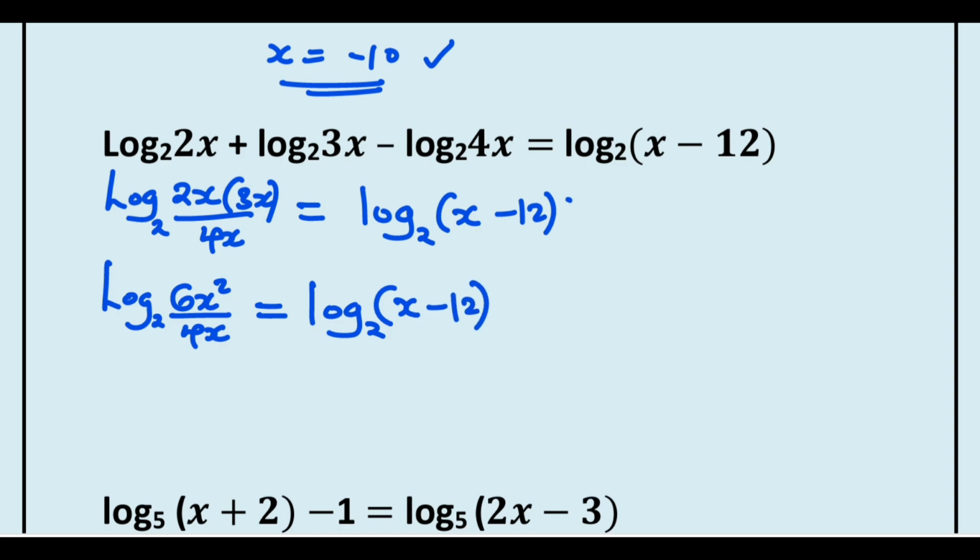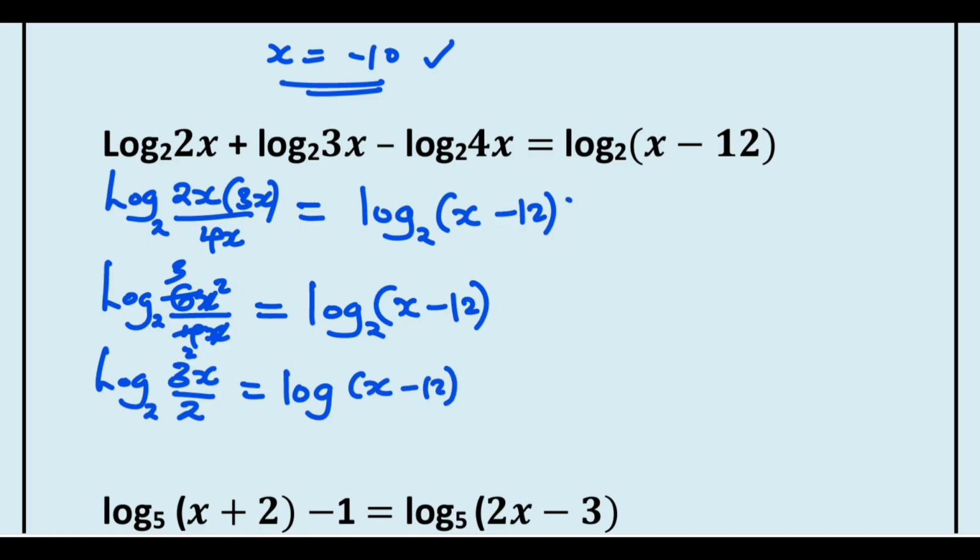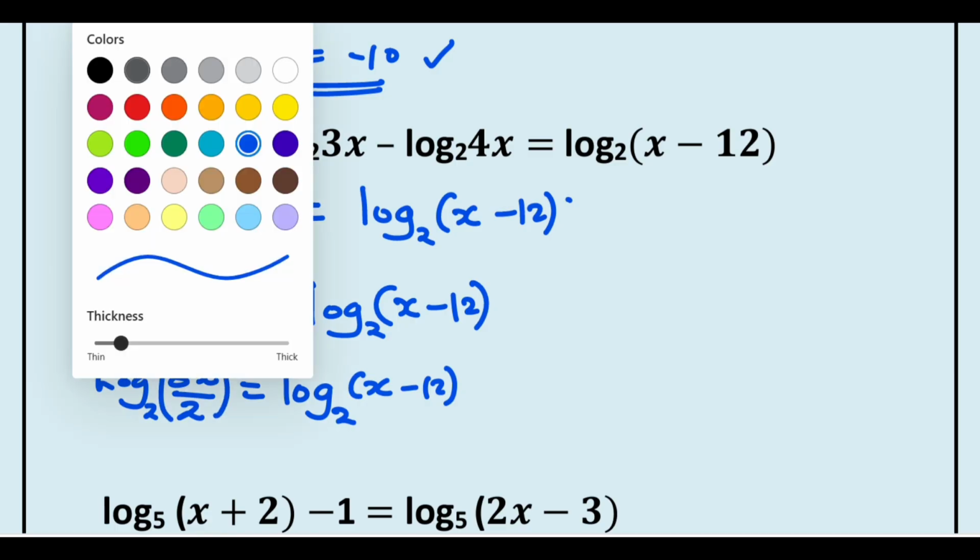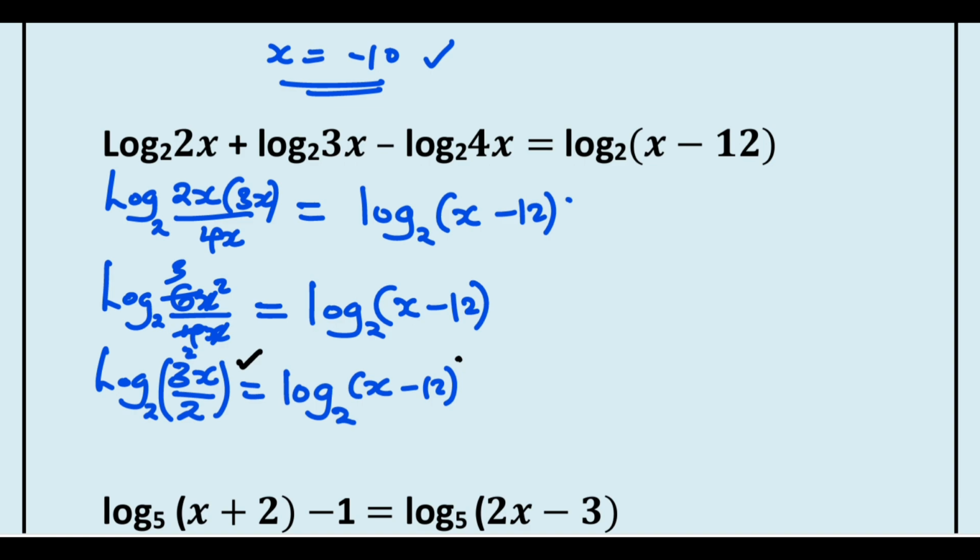So now simplify. So 2 here, 3 times, twice, and then x and x will go with 1, so you have log (3x over 2), the base is 2, is equal to log (x minus 12). Now at this point, because the bases are the same, drop the bases and then equate these values that we have here. Equate this value to this other one.